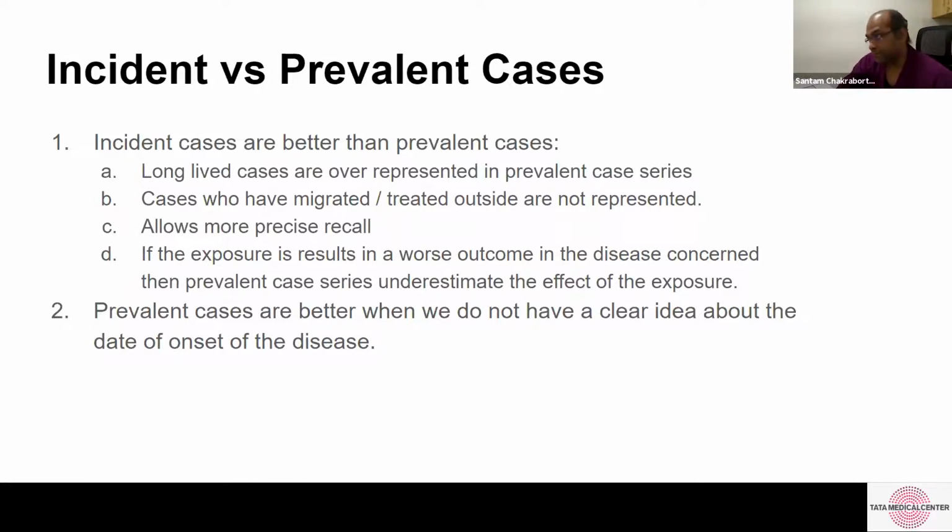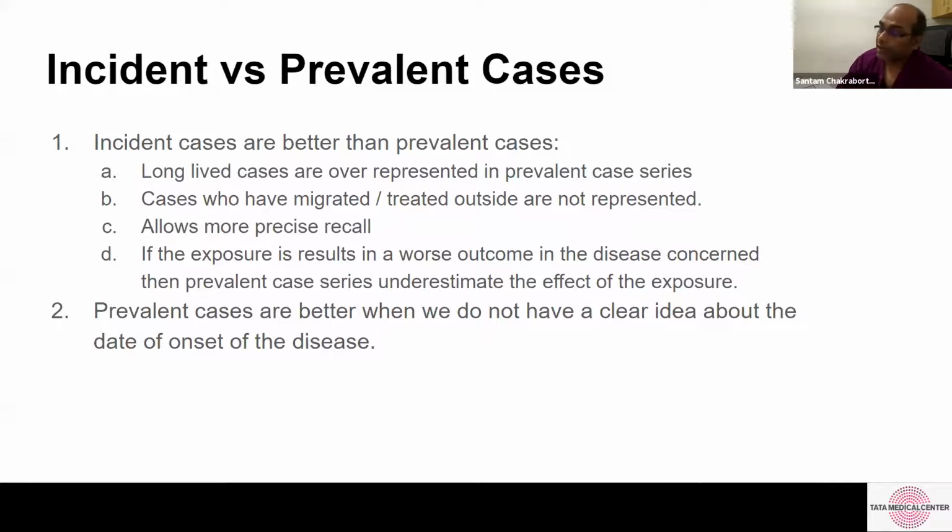What does this mean? Say, for example, you are doing a case control study where you want to find out the association between smoking and lung cancer. We know from several studies that smokers with lung cancer tend to have a worse prognosis as compared to non-smokers.